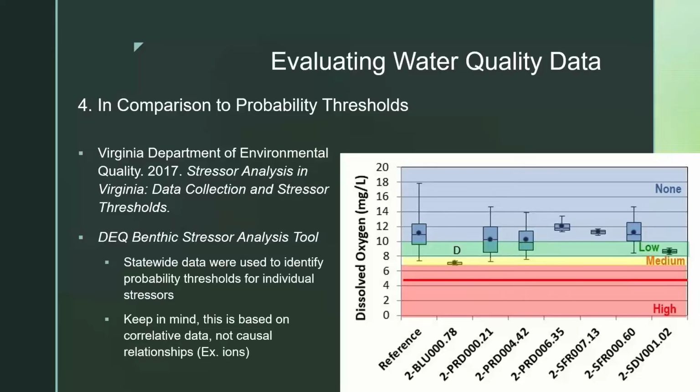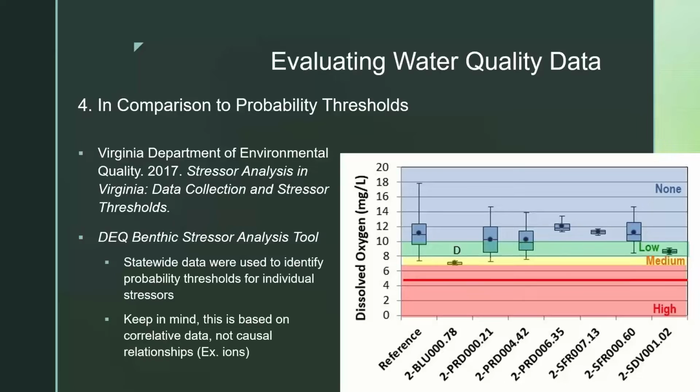I will give a little caution here again that the benthic stressor analysis is a tool. It's a tool to be used in benthic stressor analysis. It is not the stressor analysis. I think saying, oh, I ran the tool, I did the benthic stressor analysis is not accurate. I think it's one piece of a larger puzzle that will give you one way to analyze the data.